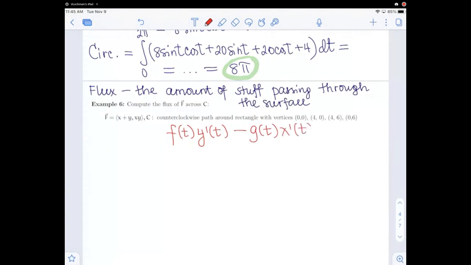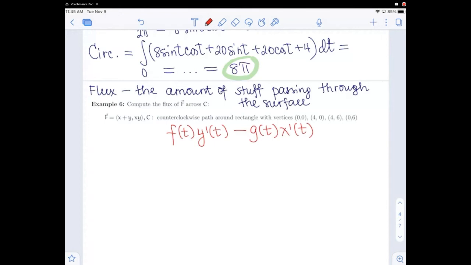There is a name for this quantity, and we're going to make this connection later in our course. Next week, we'll give this a name, and you'll see how these two concepts are connected. But for now, we just need to keep in mind that we need to compute the line integral of this quantity.